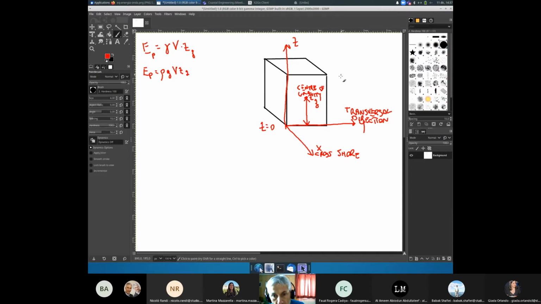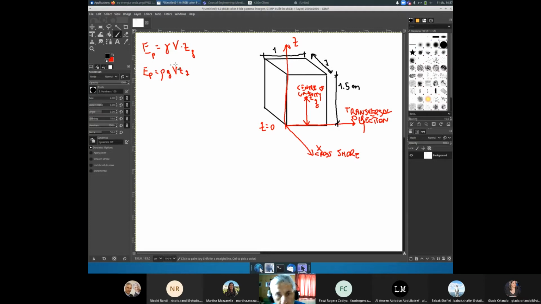Now, let's suppose that the dimension of this cube is, let's say, 1.5 meters. And here the dimension is 1, the size 1. And let's also assume that the dimension here in the cross-shore direction is 1.